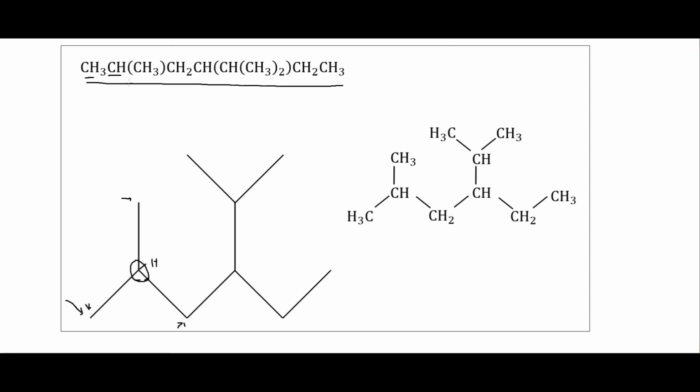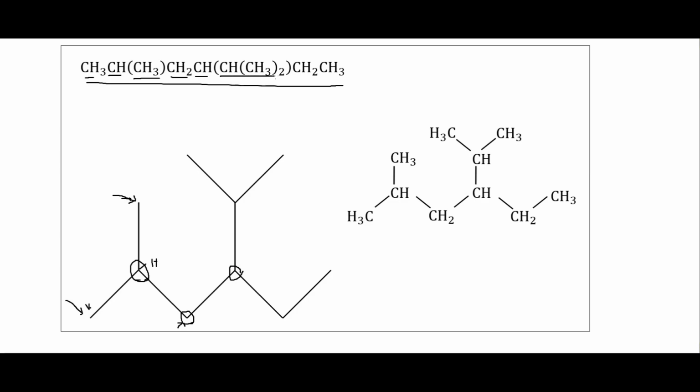So it's a CH. Then you'll see this CH3 here in parentheses, and that's talking about this substituent right here. It's in parentheses to tell you that it's a substituent because it's not part of the main chain. And we have our CH2, which will be this carbon right here. Then this CH will be that carbon right there.